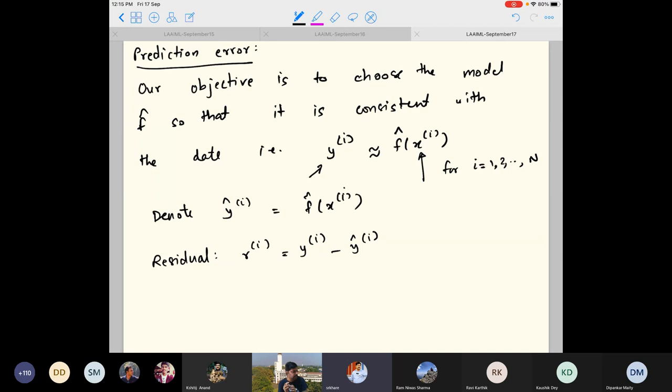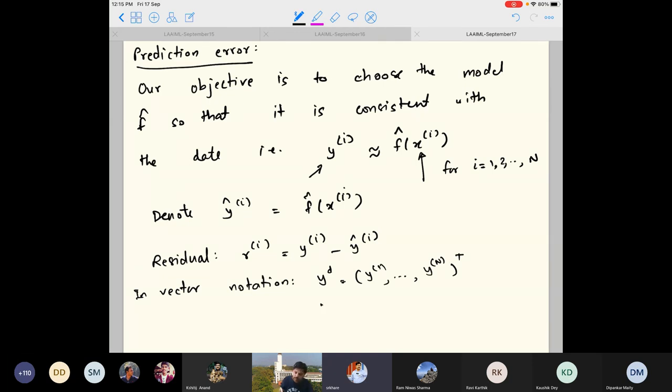And I will just introduce the vector notation of these things. So in vector notation, these are all scalars. I will denote by yd the vector y1 up to yN. These are the observed values.